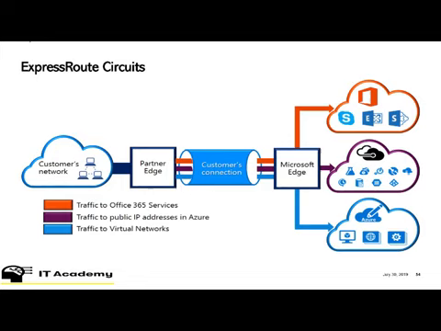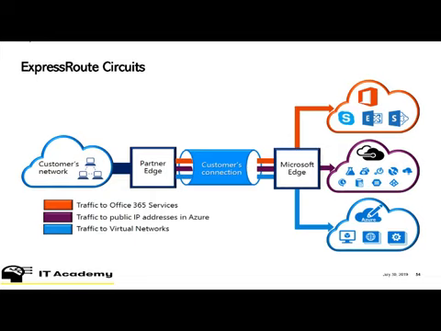There are some circumstances in which we can't allow any of our data, regardless of it being encrypted or not, to flow over the public internet. Examples might be where we're using healthcare information, or defense level information. So, an Azure ExpressRoute gives us a connection from our on-premises network into Microsoft's Edge network using a service provider's network.